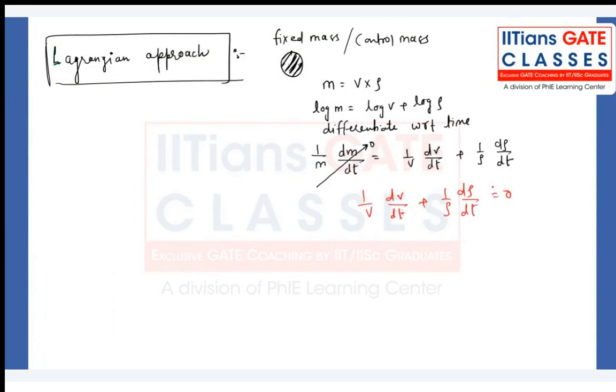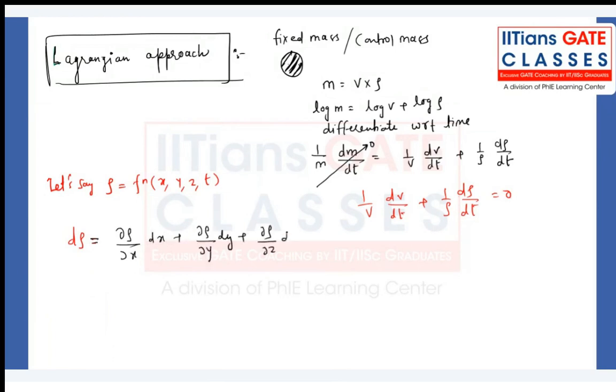Now, what can we write for d rho by dt? What is d rho? Let's say density is a function of x, y, z, and t, for a very general example. Then by the rule of total differentiation, what is d rho we can write? Dou rho by dou x into dx, dou rho by dou y into dy, dou rho by dou z into dz, dou rho by dou t into dt.